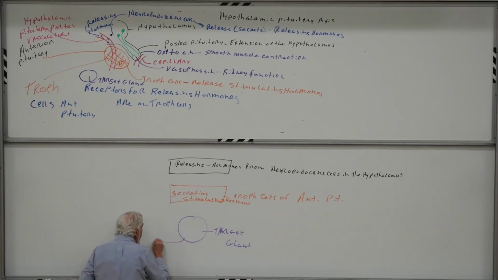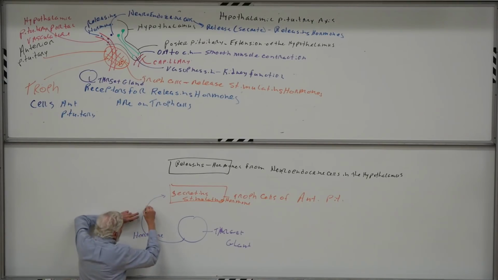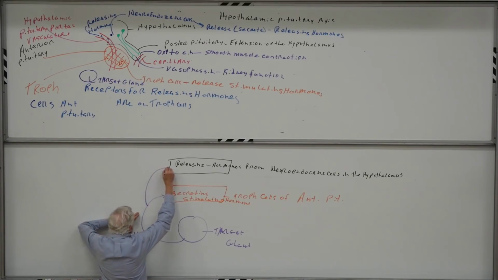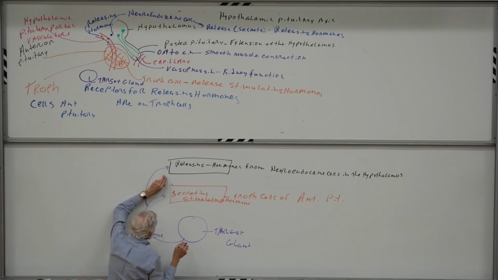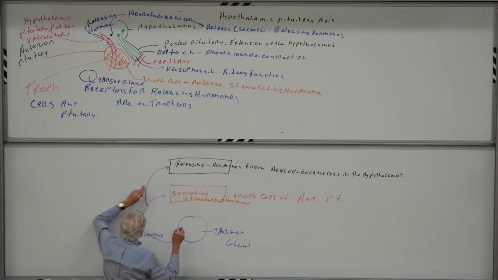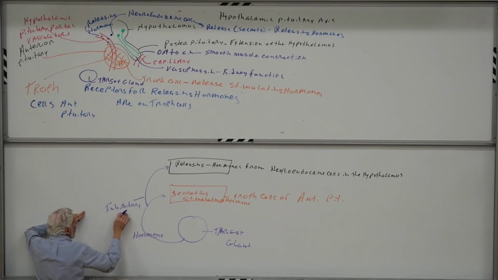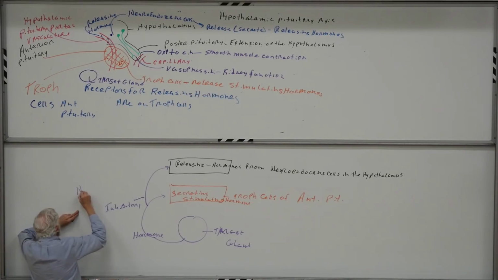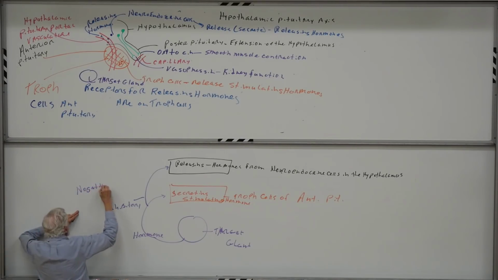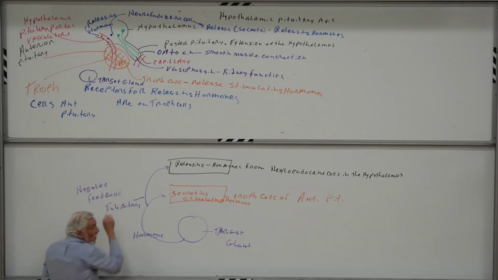Then the target gland releases its hormone, and this hormone then feeds back on the anterior pituitary, feeds back onto the hypothalamus, and these are inhibitory. And what we're talking about here now is the concept of negative feedback. And you'll need to know that for the exam. And I'll leave you with that.